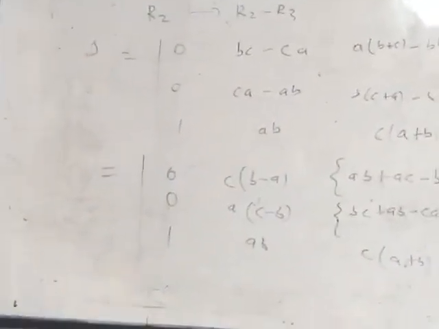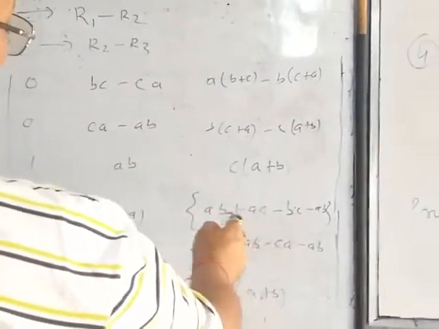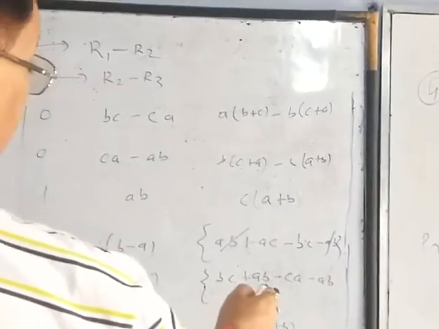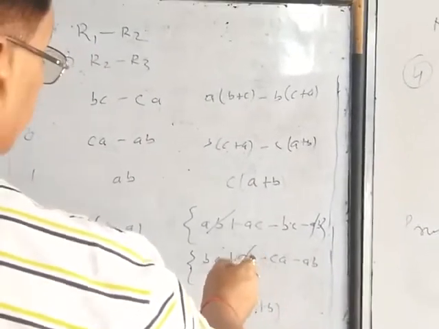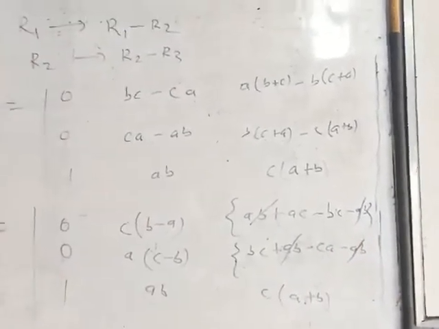So you see, next step you simplify. Here AB positive and negative cancel, and AB positive and negative cancel. So we can simplify.